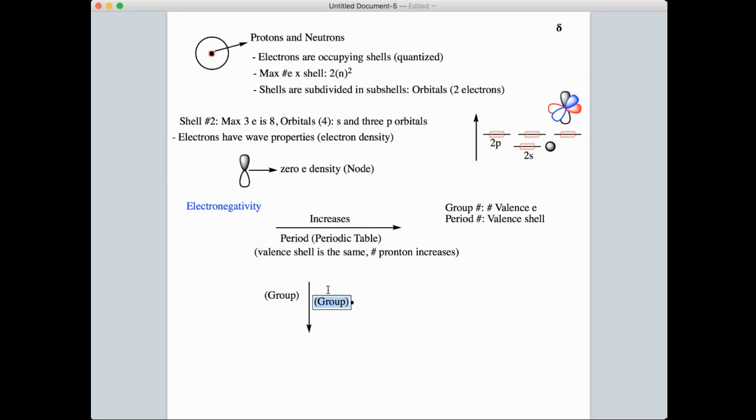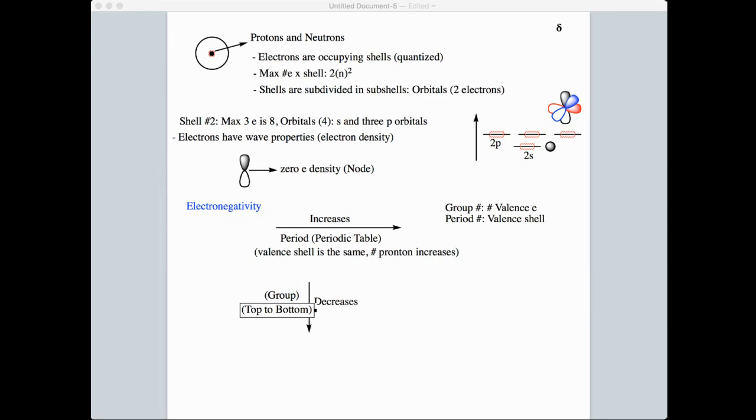What happens in the group from top to bottom in the periodic table? Okay, from top to bottom, the number, that's beautiful, Haritha.